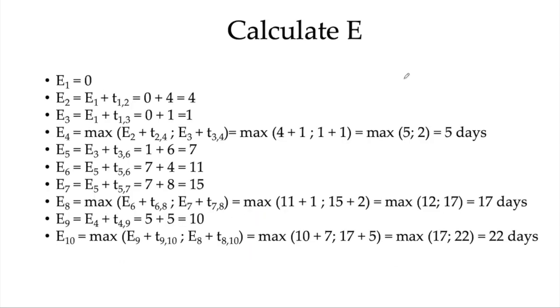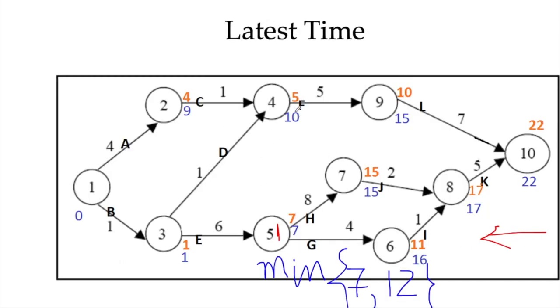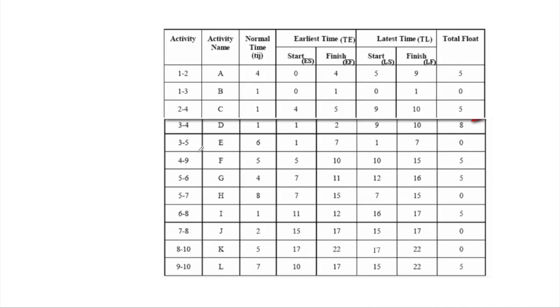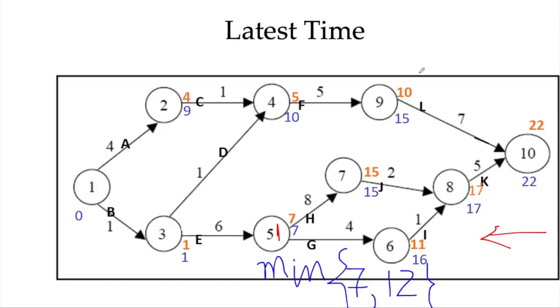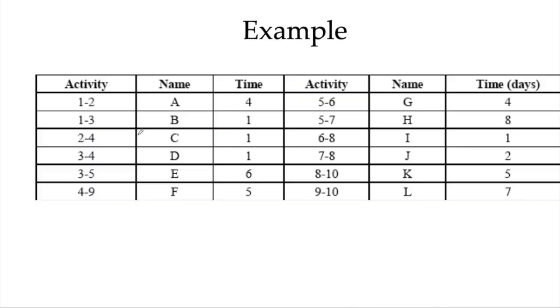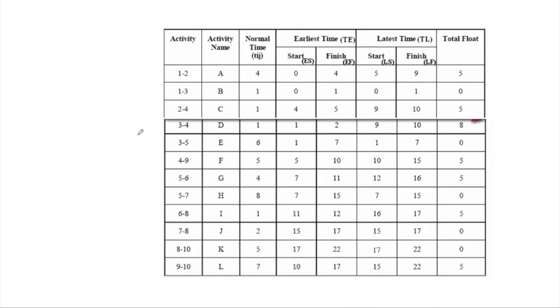And the latest start, if you see here, it could also have been started on the 9th day. So the latest finish was 9, so this activity could have finished on the 9th day without any problem, because even if it finishes on the 9th day, the next activity can start on the 10th day. That's the formula. So the latest finish time for this is 9, and the latest start time can obviously be 5. So latest start is 5, finish is 9.